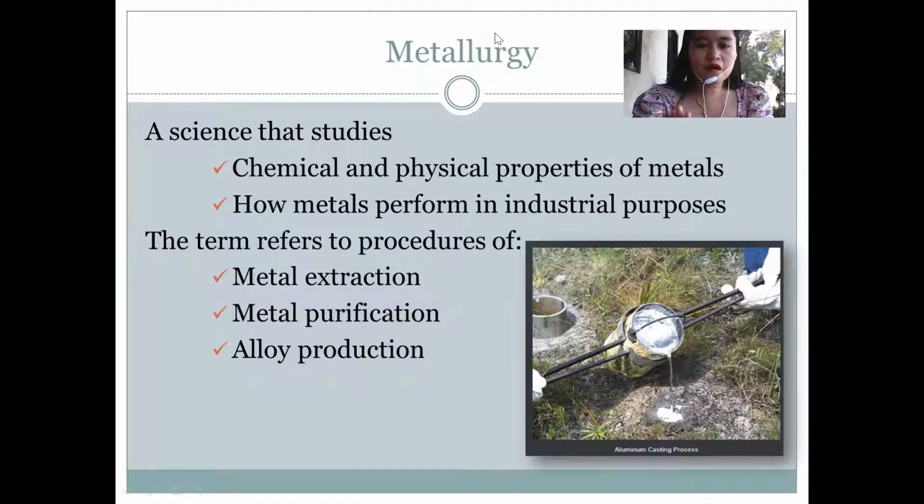The term metallurgy often refers to the procedures used in metal extraction, that is, extracting metals from their ore, and also to metal purification and alloy production.